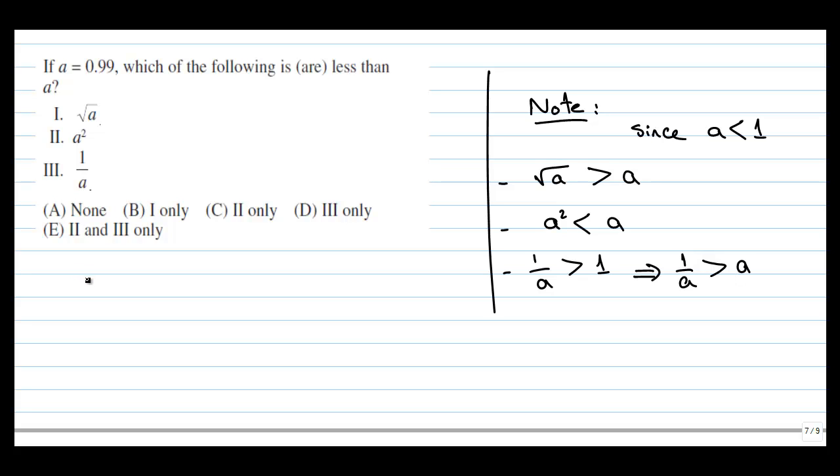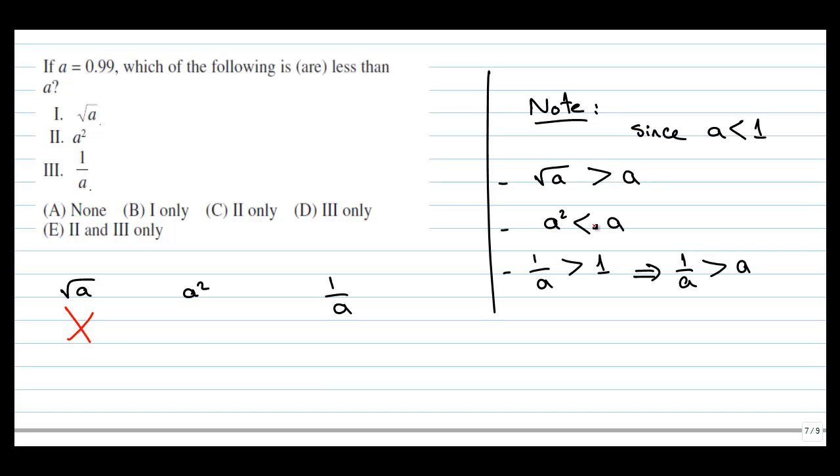So let's check each one of them. We have the square root of a, a squared, and 1 over a. The square root of a is greater than a, and the question asks which one is less than a. Is the square root of a less than a? According to this, no. Is a squared less than a?